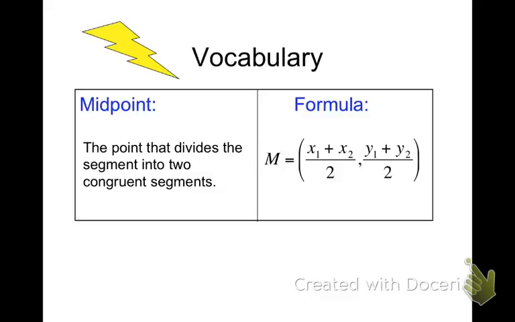Is it true if you add 3 and 7 and divide it by 2, you get 5? Yeah, right? Because to get to 5 from 3, that's 2 units away. Okay? So if I add my two coordinates together, 3 plus 7, and divide it by 2, I'm going to get the middle. Right? Okay.